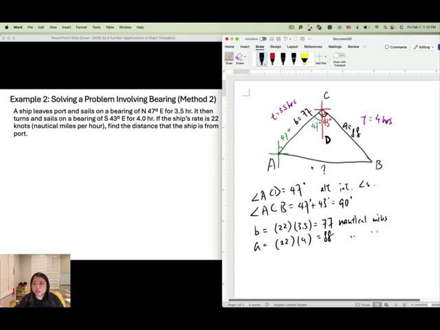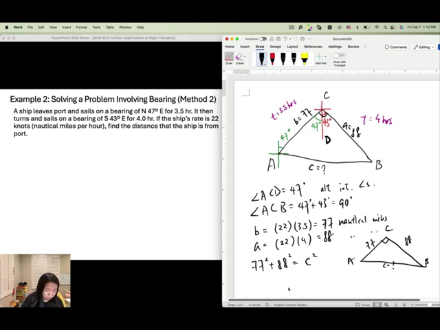We are looking for the C, right? The distance here. And then we have the right triangle. This is C, B, and this is 88. This is 77. What we're looking for is the C. So we can use the Pythagorean theorem: 77 squared plus 88 squared equals C squared. Use your calculator.